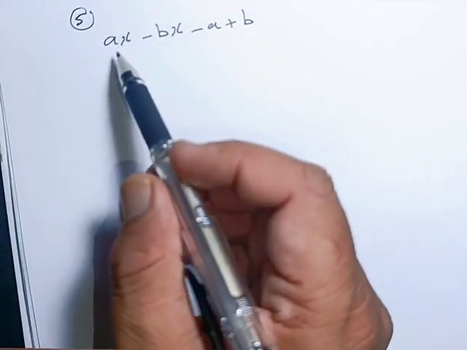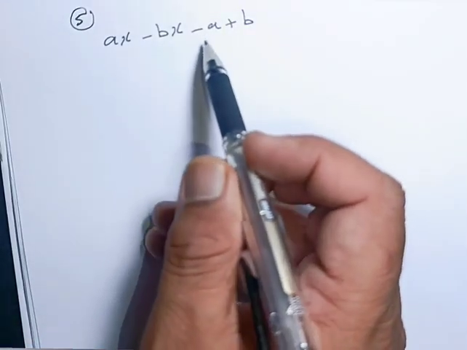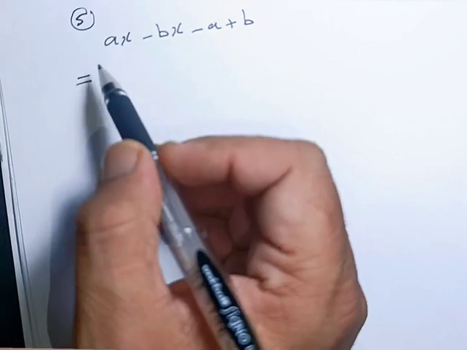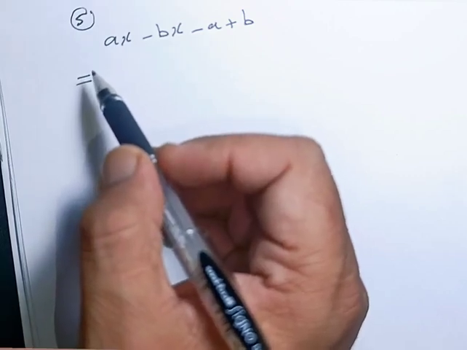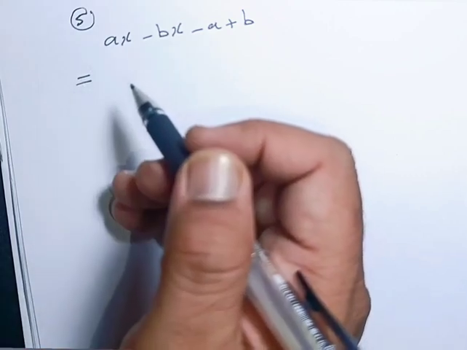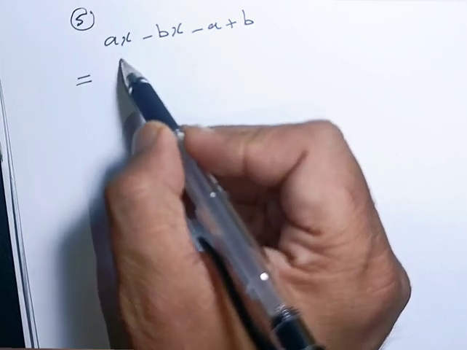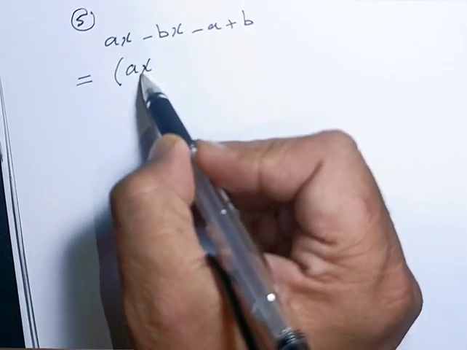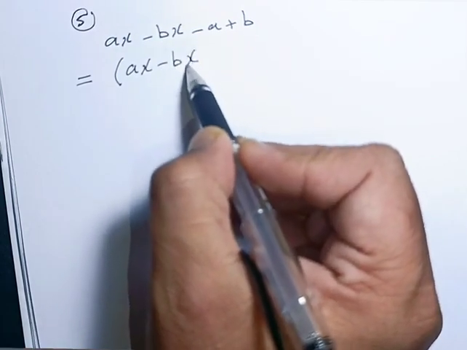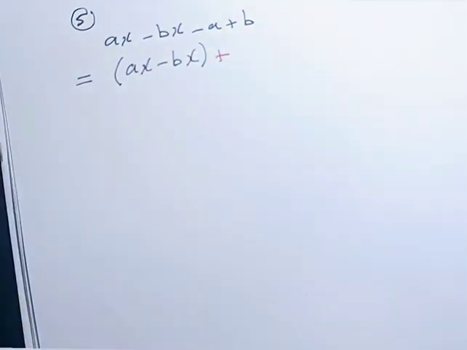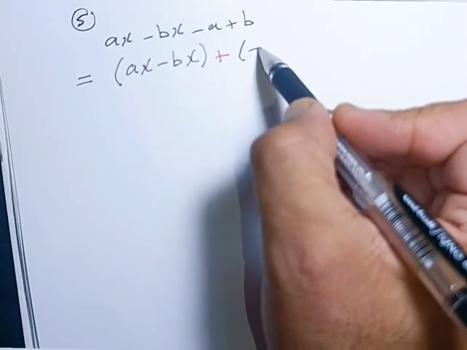This is my question number 5: ax - bx - a + b. So obviously first I need to put brackets around the pairs separated by a positive sign. So this is going to be my first bracket, ax - bx, separated by a positive sign, and this is going to be my second bracket.